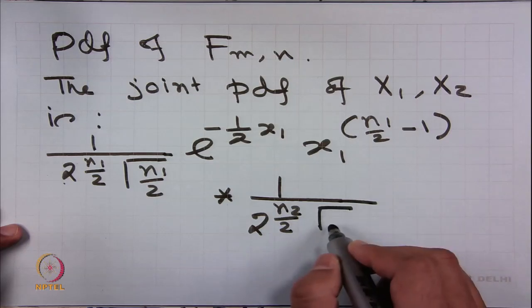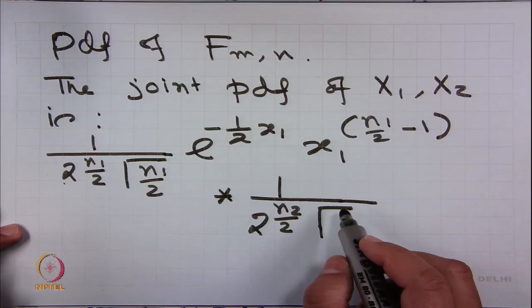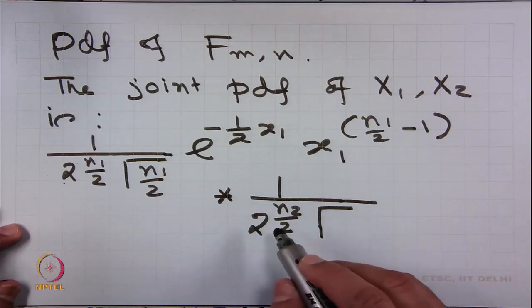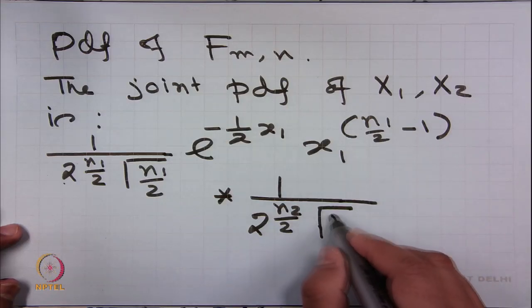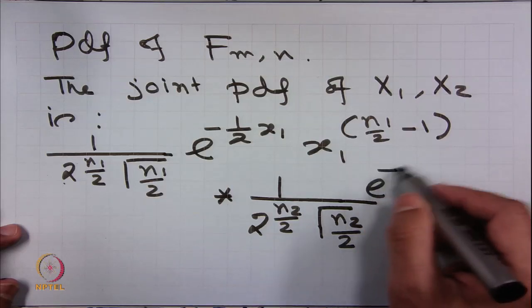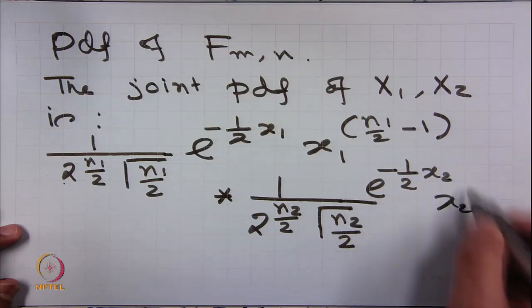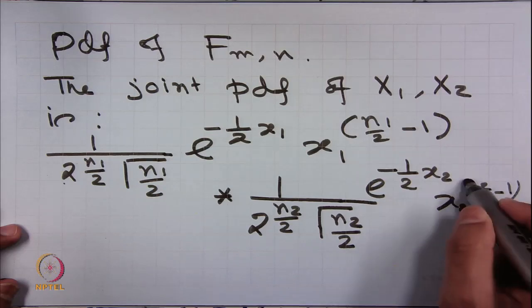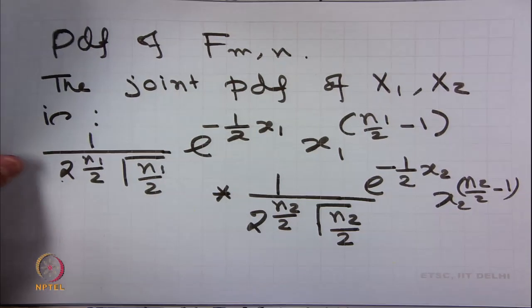By now, you are familiar with the gamma distribution, and chi-square with n degrees of freedom is equal to gamma with half and n by 2. So, I am simply writing from there, it is gamma n2 by 2, e to the power minus half x2, x2 to the power n2 by 2 minus 1. So, that is the joint PDF of x1 and x2.